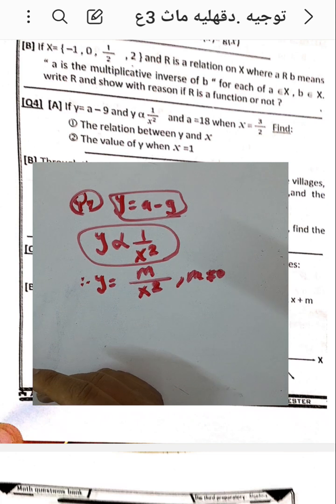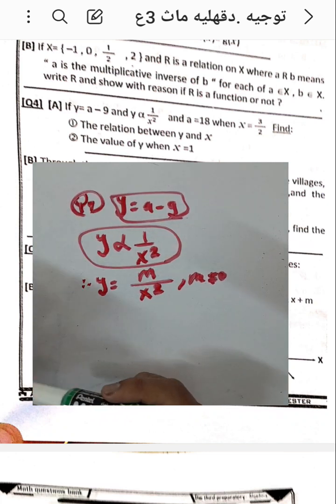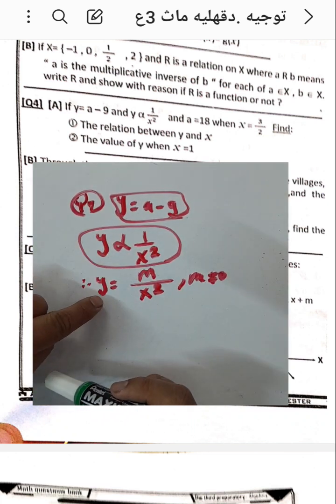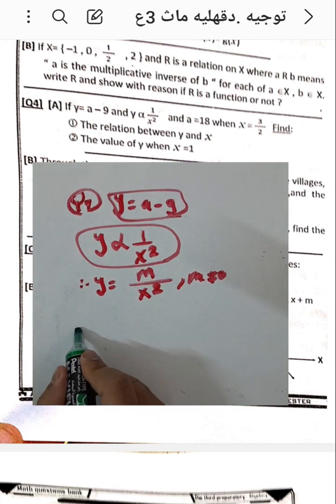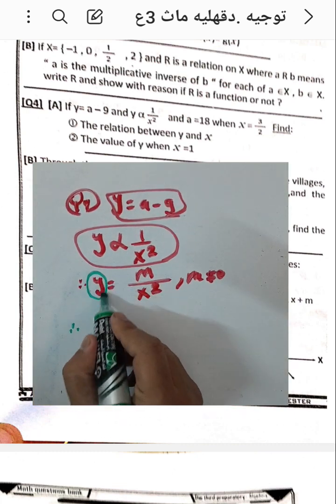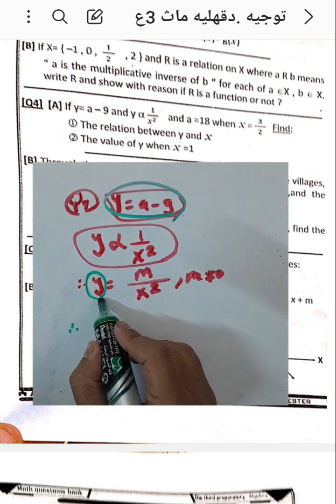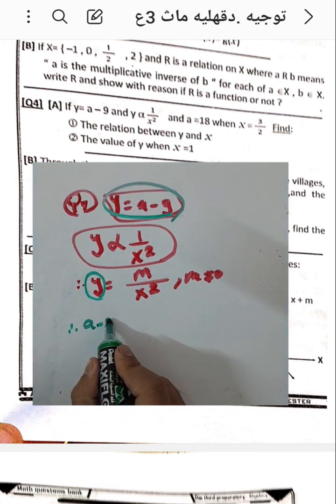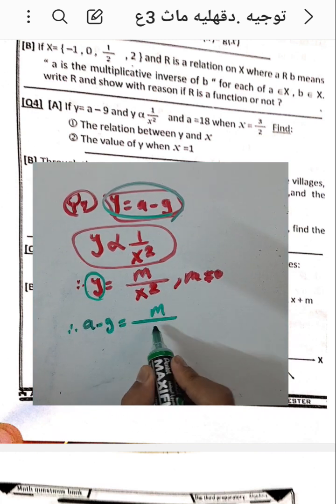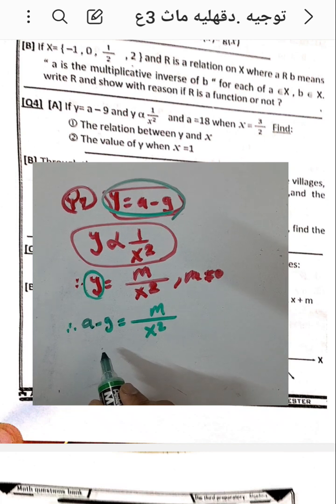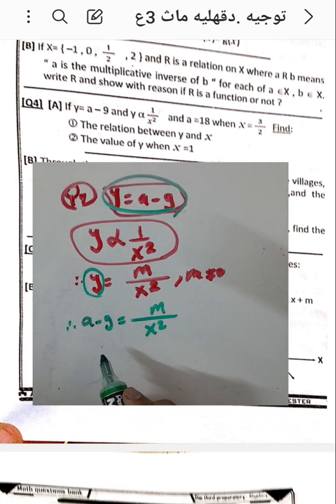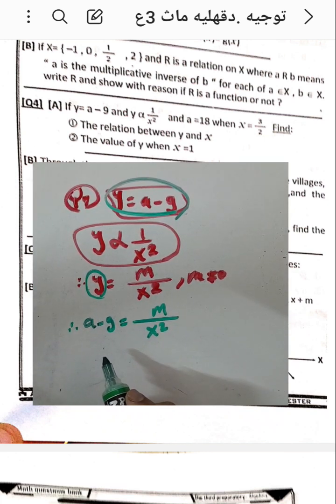And then you can put y equals a minus 9 here. Then a minus 9 will be m over x power 2. They give us information about this example: when a equals 18, x will be 3 over 2.